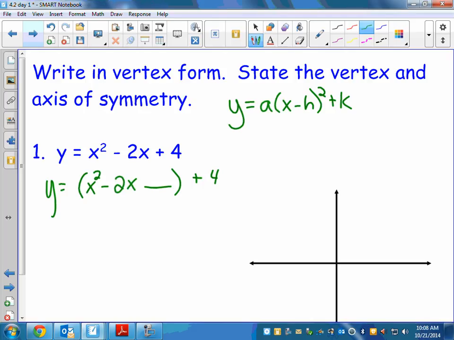And if you think about vertex form, that makes sense because you always have that plus k out there, so it makes sense to have some number out there. And the whole process of completing the square is we do what with this middle number? Divide it by 2 and square it. So half of negative 2 is negative 1, and negative 1 squared is 1.